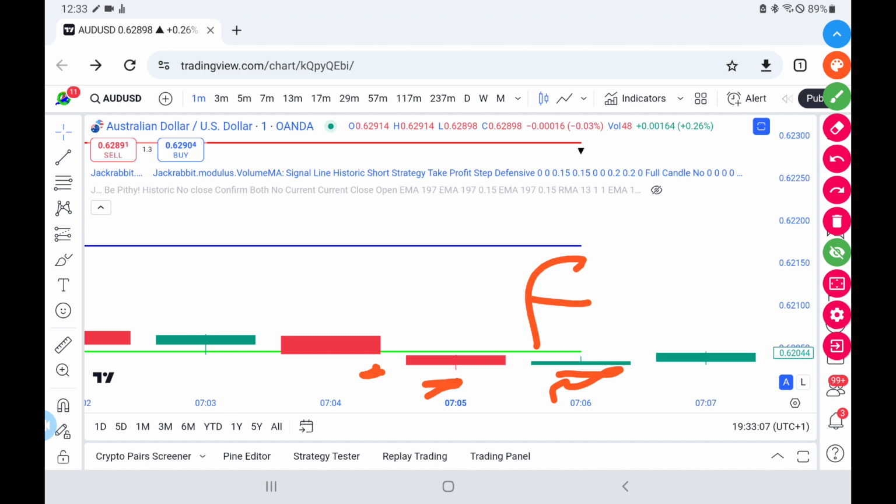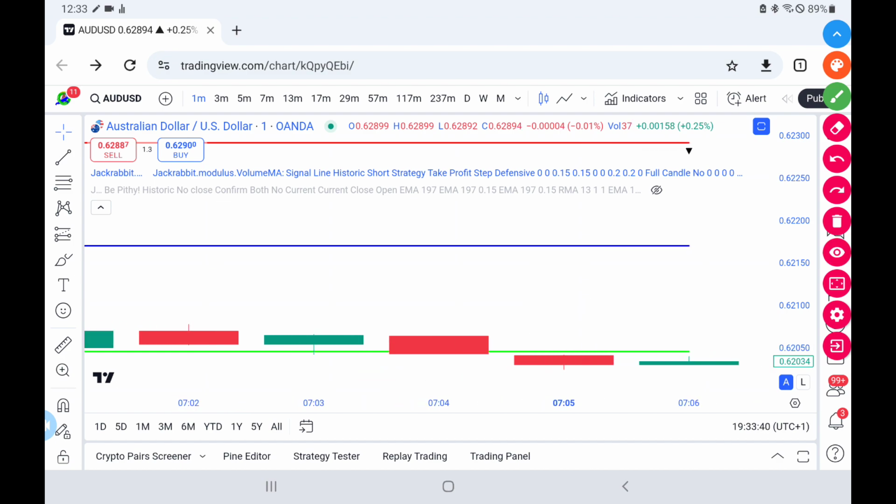But because of spread, slippage, and other calculations, this candle does not qualify for a full candle, but it does qualify for the closing price. And then if you go on just wick only, we can see this candle. So this example has given us all three combinations.